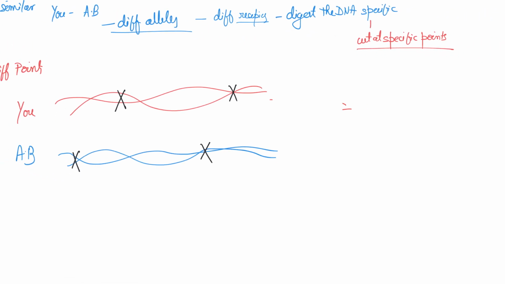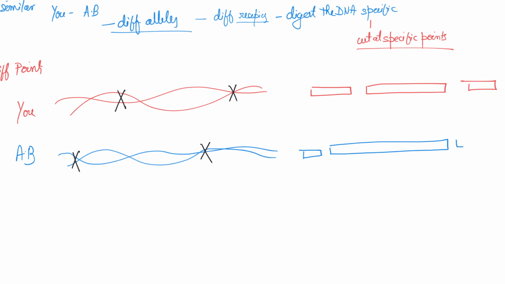So that means there are DNA fragments around this size, right? Those DNA fragments would look like that, and Amitabh Bachchan's DNA fragments would look like this, right?